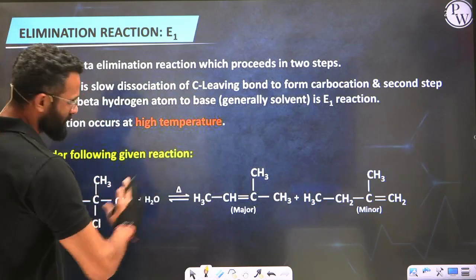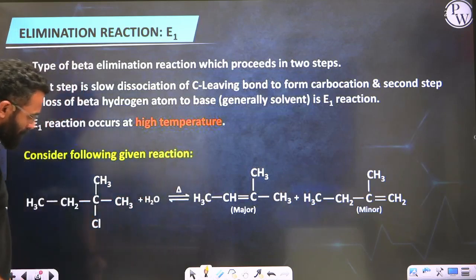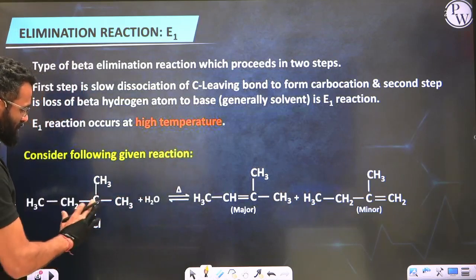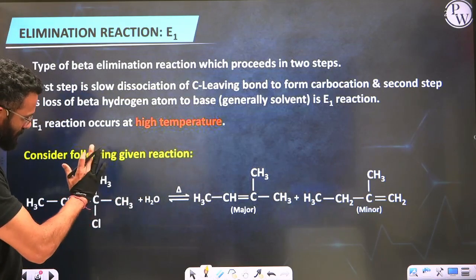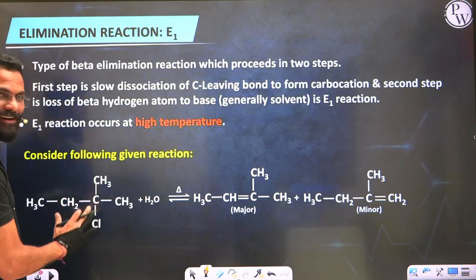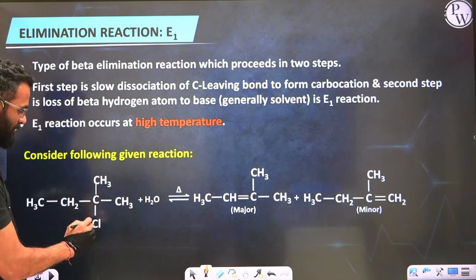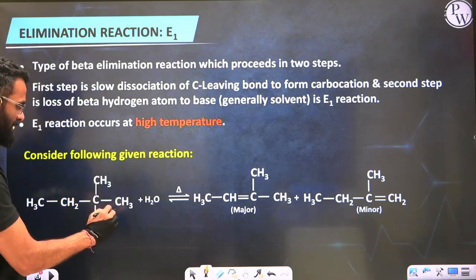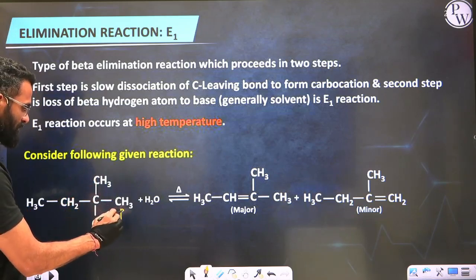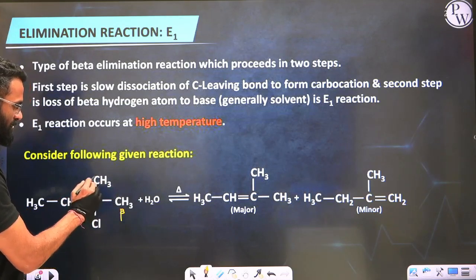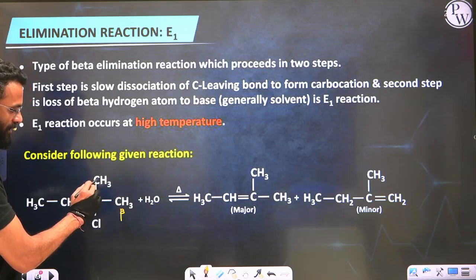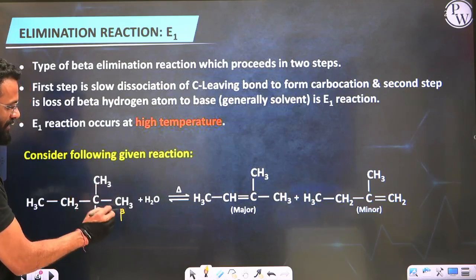And that's why let us consider one simple reaction. So guys, what we have here is a tertiary alkyl halide, a highly substituted alkyl halide. The carbon carrying the leaving group is alpha, and the adjacent carbon is beta, so we have a beta carbon here. Even this adjacent carbon can be called beta, but because both are equivalent, I am highlighting only one of the betas.